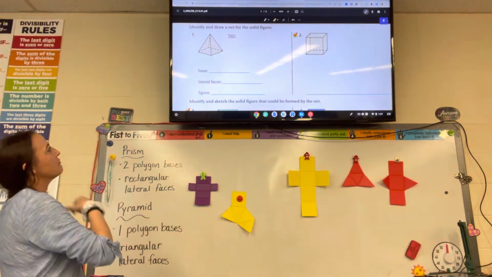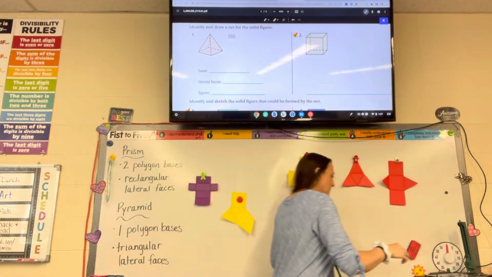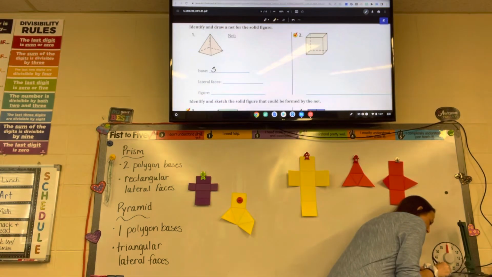Identify and draw a net for the solid figure. Okay, so we have, what shape is the base? It looks like a square, but on here it tells me it's a rectangle, so I'm just gonna put slash rectangle.